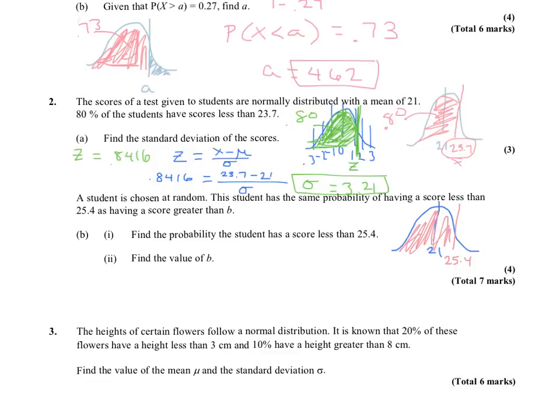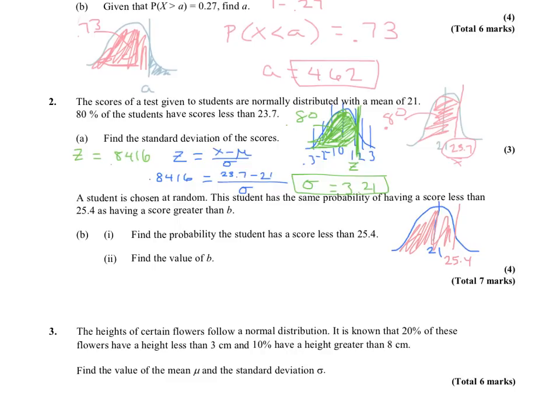So we're going to use our graphing calculator, going to second distribution, normal CDF. Our lower bound is negative 1 times 10 to the 99th. Our upper bound is 25.4. Our mean is 21, and our standard deviation we found in the previous part, which is 3.21.